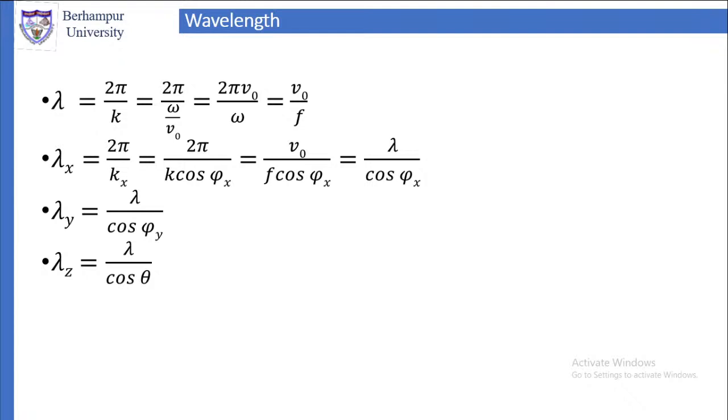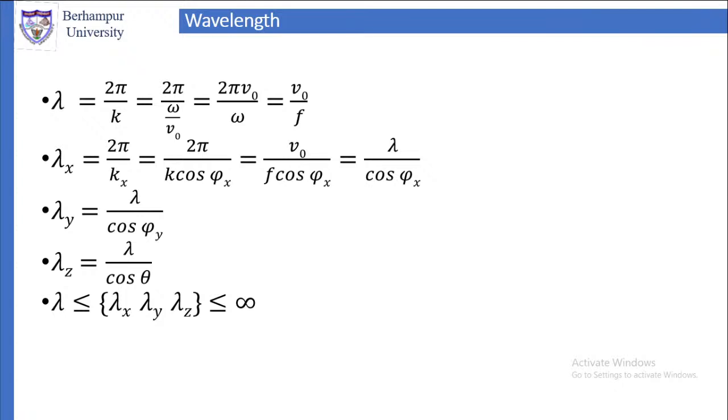Again, as in the case of phase velocity, in the case of wavelength also, lambda x, lambda y and lambda z will be greater than or equal to lambda. The limit will be greater than or equal to lambda but less than or equal to infinity.